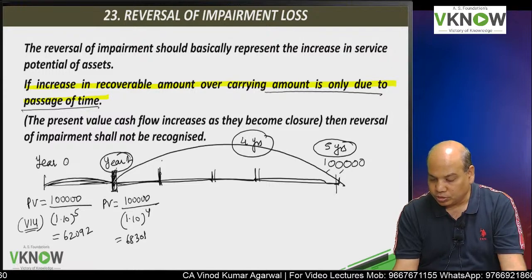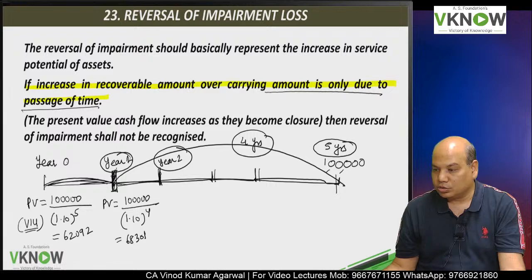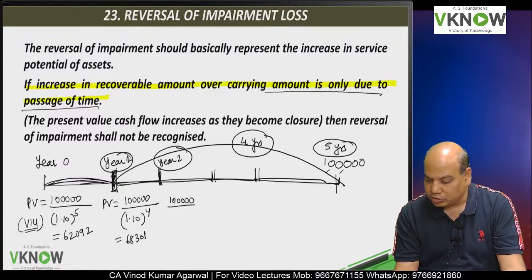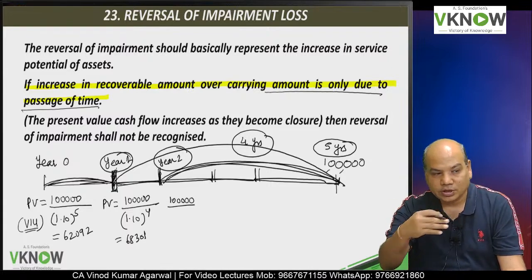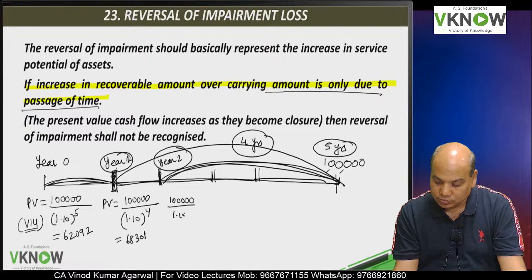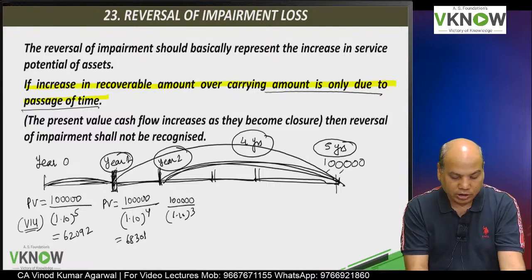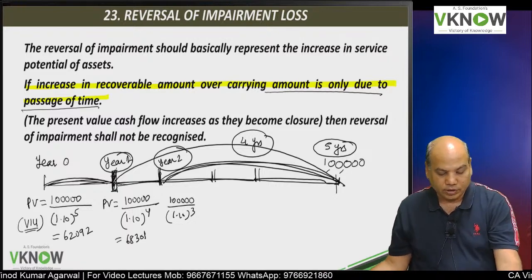Similarly, if I compute the present value at the end of year 2, it will be 1 lakh divided by, now the gap is only 3 years now, 2 years have passed, 3 years are remaining. So 1 lakh divided by 1.10, 3 times equal to, so that is 75131.